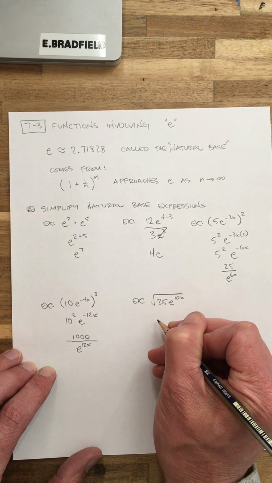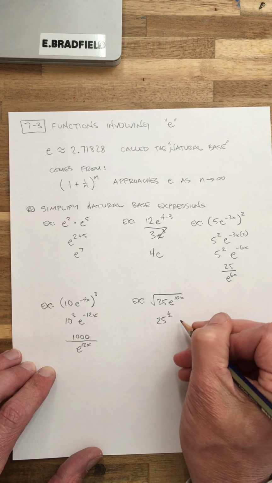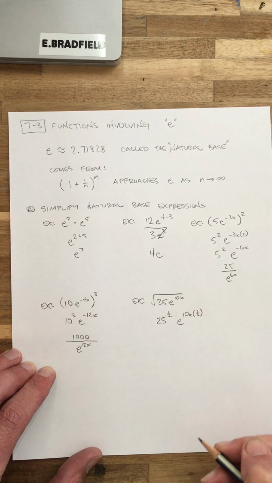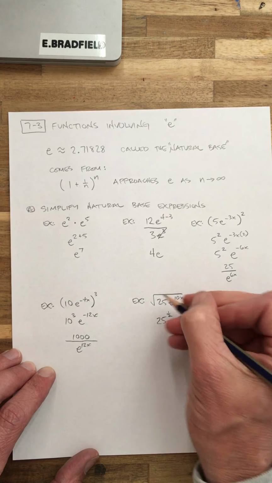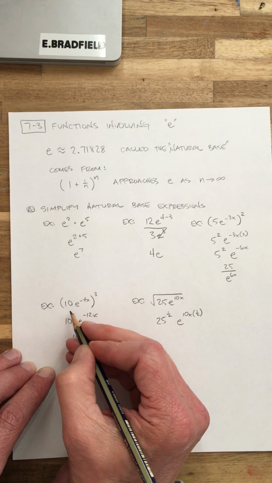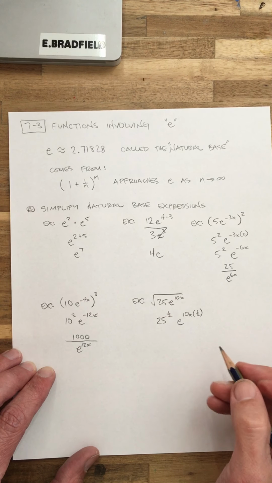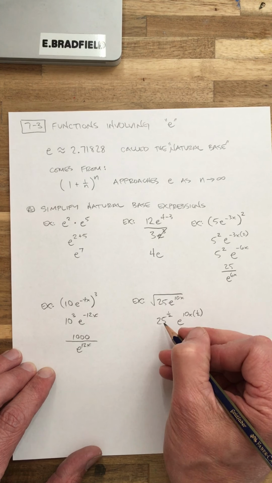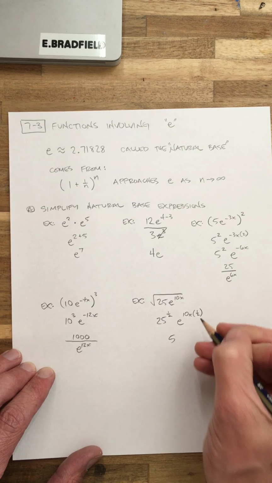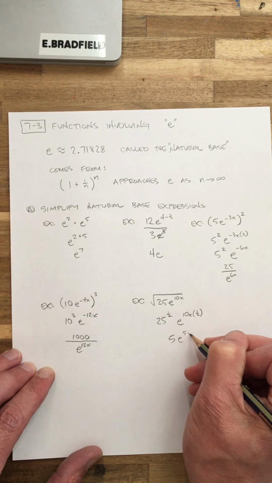This is the power of 1/2, so you could put 25 to the power of 1/2, and then times e to the 10x times 1/2. You're just distributing the 1/2 to everything. So now you get 25 to the power of 1/2, that's the square root of 25, which is just 5. And then 1/2 times 10 is 5, so we get e to the power of 5x.